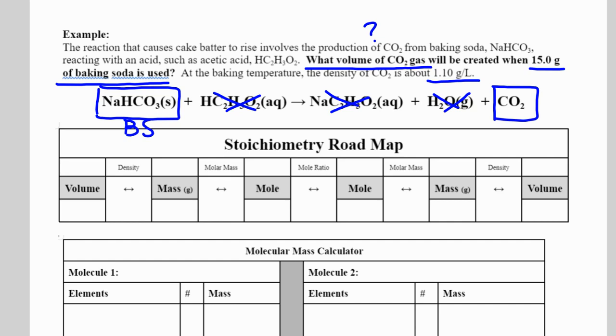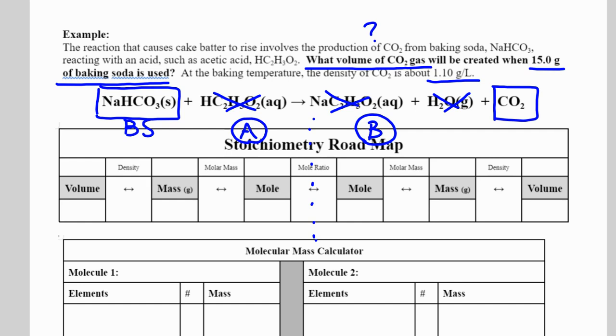All right, so recall that we can always divide our stoichiometry roadmap down the middle, and we can think about chemical A as being on the left side and chemical B on the right side. Hopefully you've noticed that we are always exploring a mathematical relationship between two chemicals in these problems, never more than that at one time.